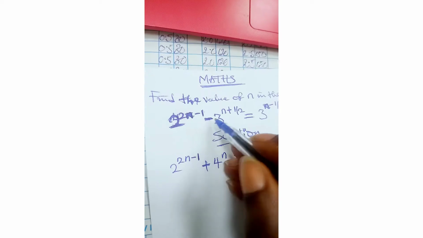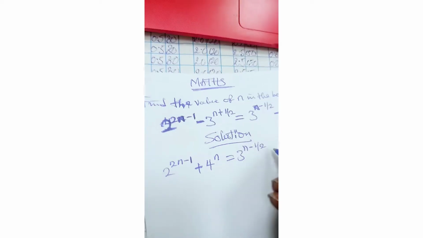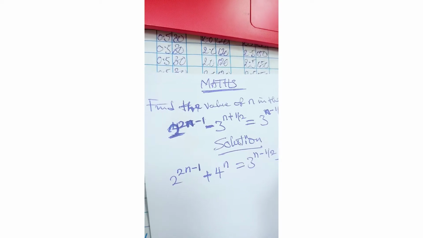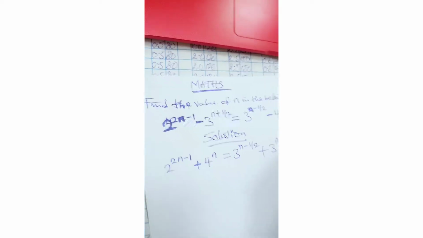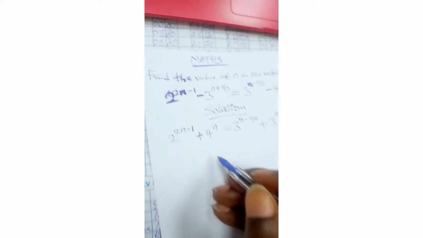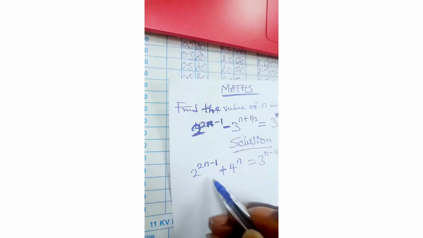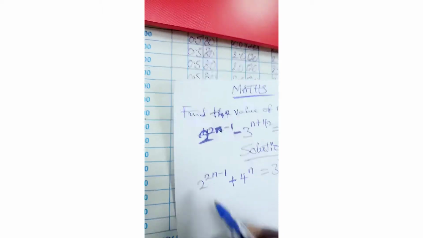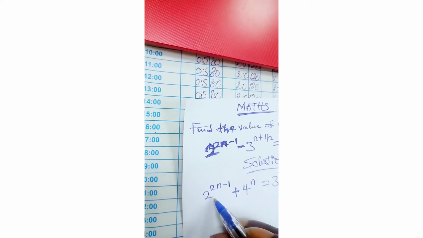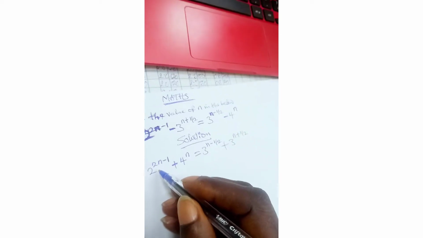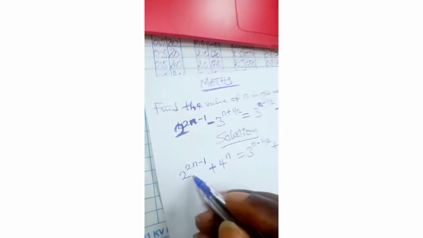When you take this to this side, it's going to become plus 3 raised to power n plus 1 over 2. Now, let's be careful in solving this question. From the law of indices, it is possible for us to split this using the multiplication law of indices.